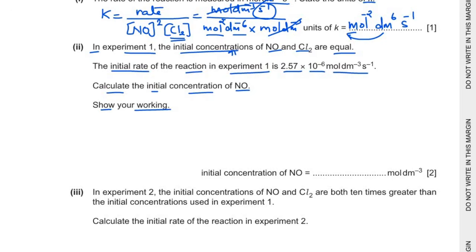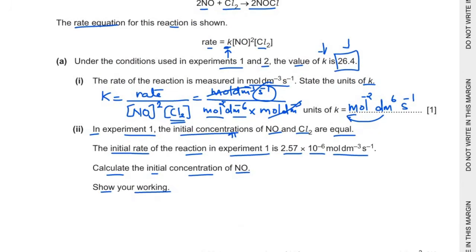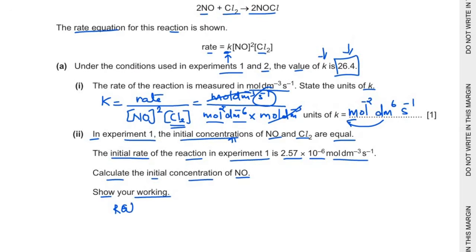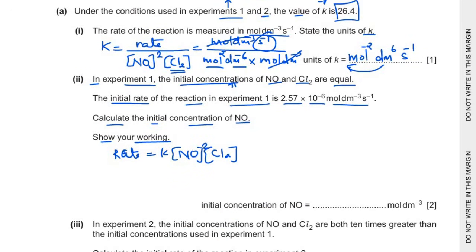Now the value of k is already given here, that is 26.4. So if we write the rate equation as rate is equal to k into the concentration of NO to the power of 2 into the concentration of chlorine, then here we end up with this equation, where we can substitute the value of 26.4 for the rate constant, and it says that both of the initial concentrations are equal.